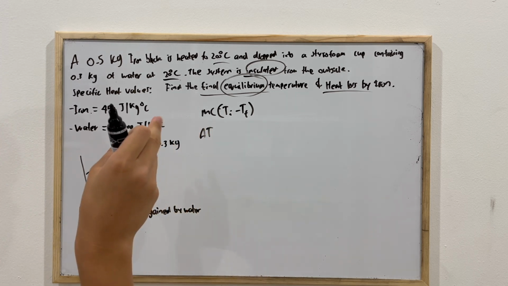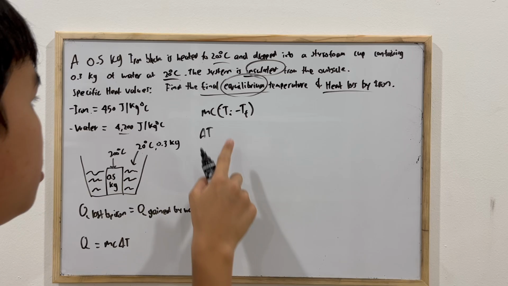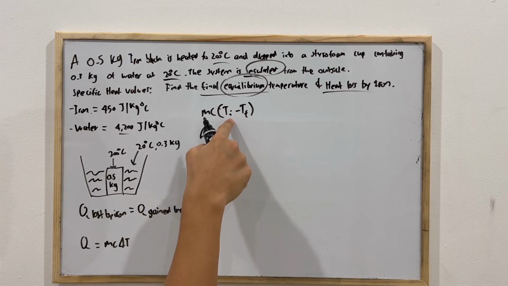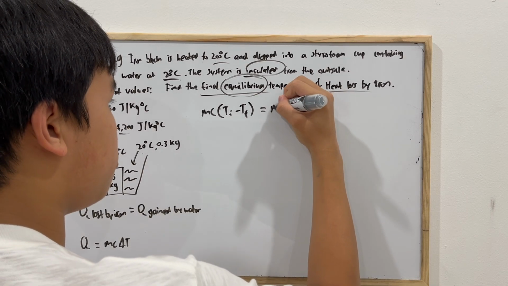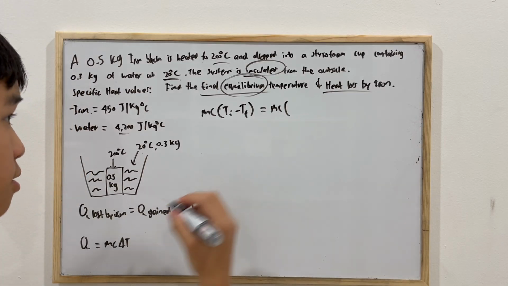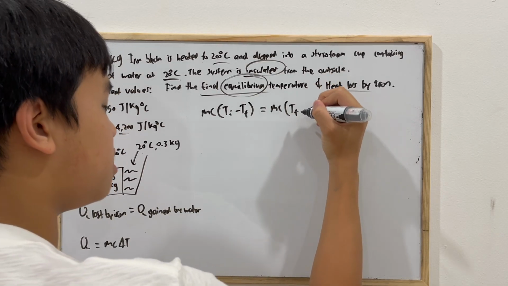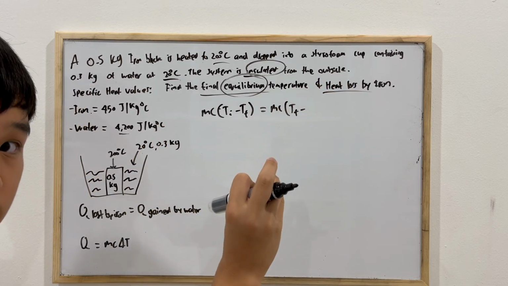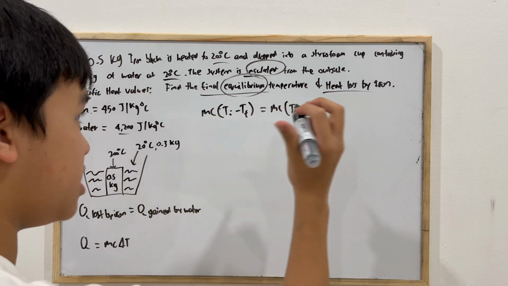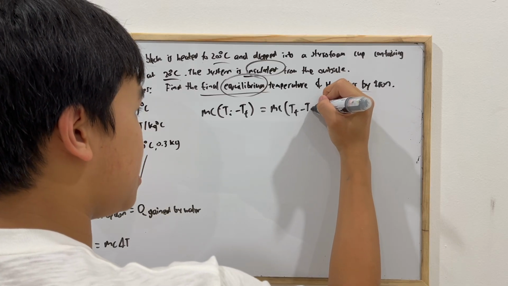We can't have negative energy transfer, so we put it as the initial minus the final, because the initial is obviously much bigger than the final. Same thing for the water. The final temperature has to go first because the water is gaining temperature, so it's going to be more than the initial. And then this is just going to be the initial.